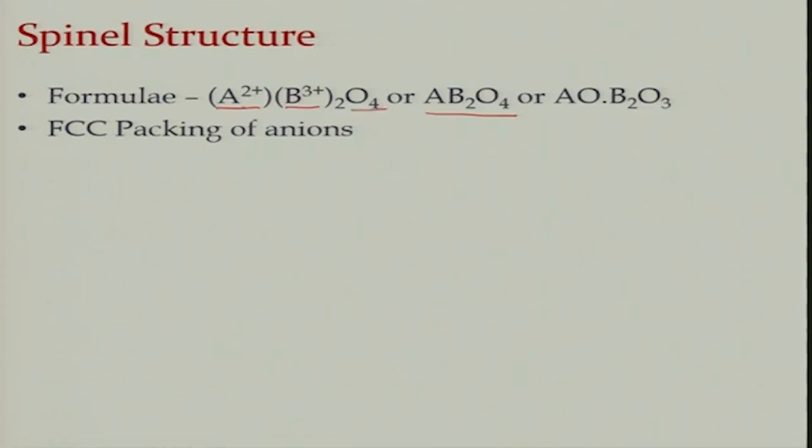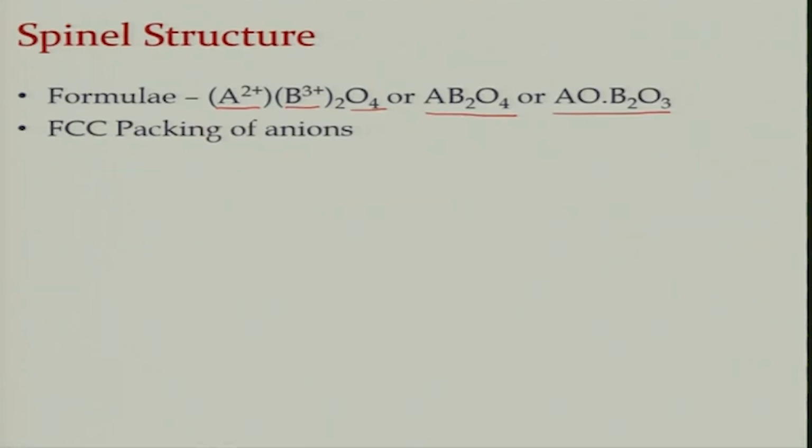So there is one A atom of 2+ valence, there are 2 B of 3+, and then 4 oxygen atoms. You can also write this in such a fashion that it's a mixture of two sublattices, one of AO and the second of B2O3. This is another way of representing this. So it's a mixture of two oxides, AO.B2O3.